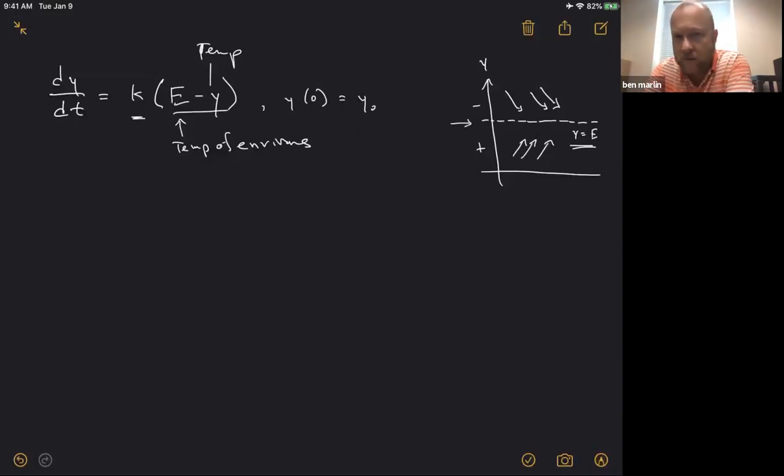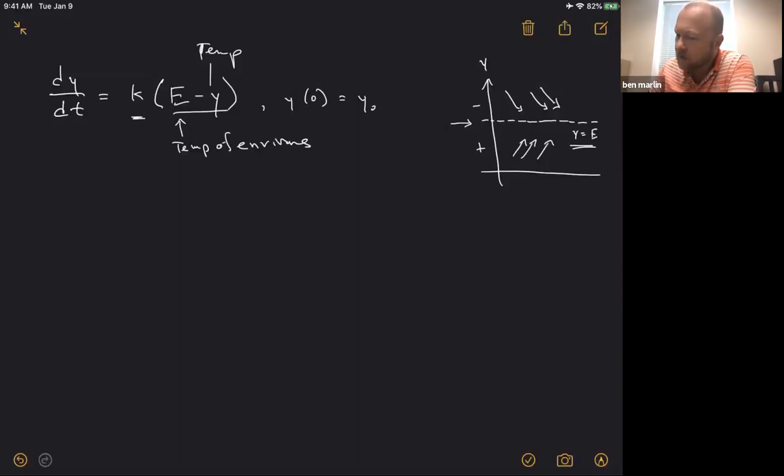If you had y equals e as just a constant solution, then you would find that dy dt needed to be 0, and also that e minus y is 0. And so that would mean that it would actually satisfy the equation, okay?